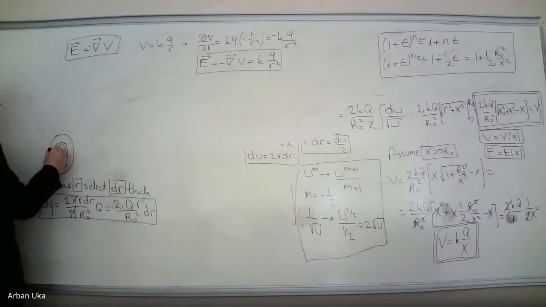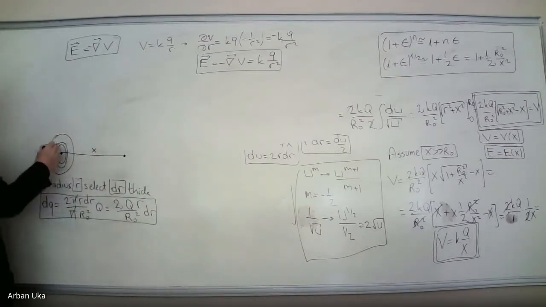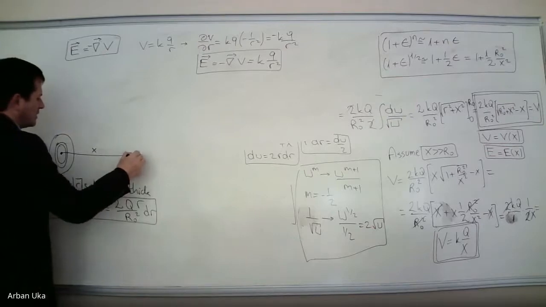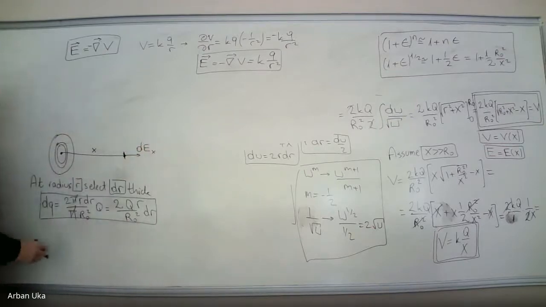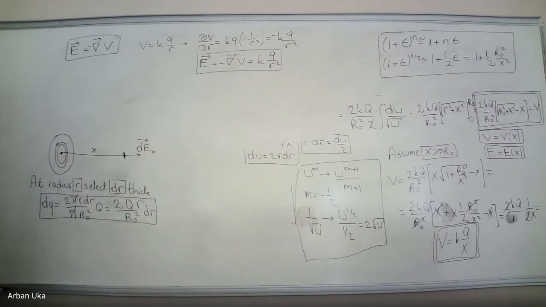So we are at some point here. This is the distance x. And the electric field which will be created here is delta Ex. Okay, it is going to be a vectorial quantity, but how will it be written?